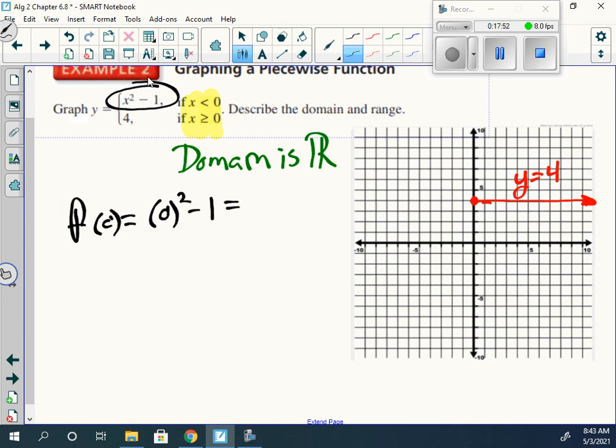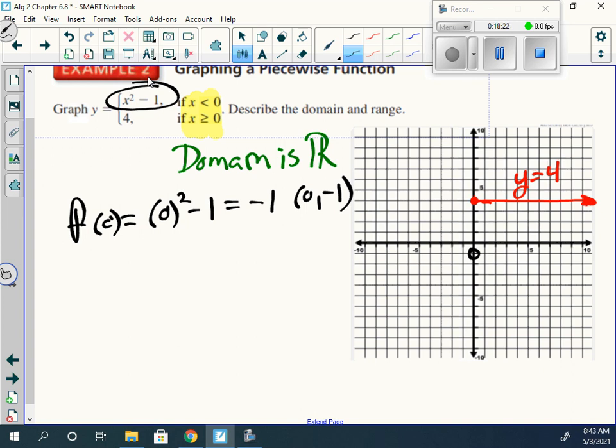Well, what is 0 squared minus 1? Negative 1. So it doesn't include the point 0, negative 1, but it is going to it. That part of the function is going to this point. So at 0, negative 1, I'd come down here and I would make an open circle because it doesn't include this point, but it's going towards it. Does this make sense so far?